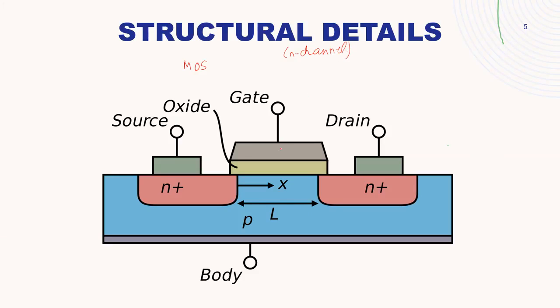So from this picture, what all can you make out? What is this light blue region? Substrate. So is it highly doped or is it lightly doped? It is always lightly doped.